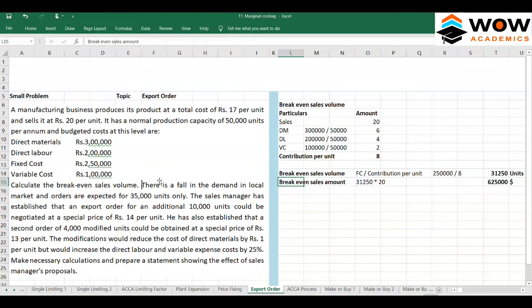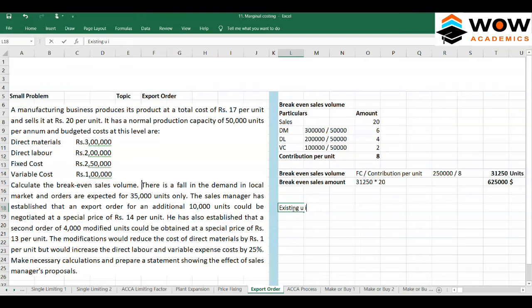So the company has 35,000 units they are selling, and they are getting an additional order for 10,000 and for 4,000. So we have to work out the profitability for the existing number of units.